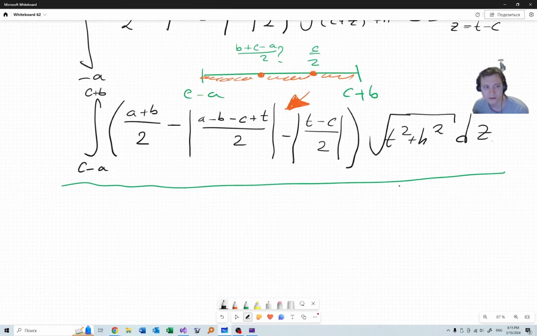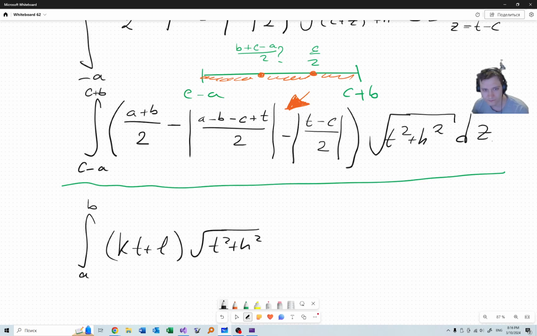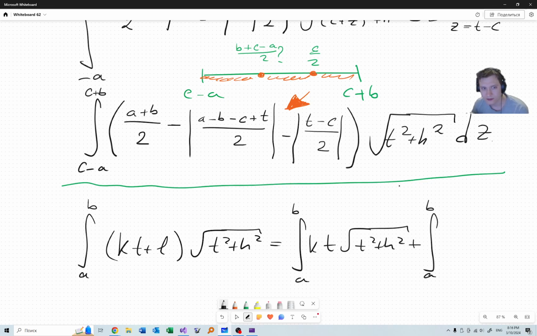So again, how do we calculate the integral from a to b of k t plus l times square root of t squared plus h squared? We say that these are two separate integrals: k t square root of t squared plus h squared plus l square root of t squared plus h squared.